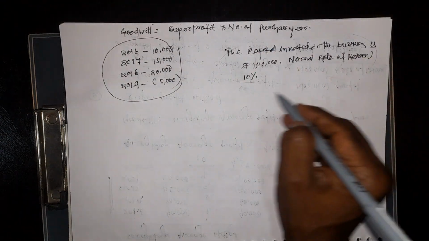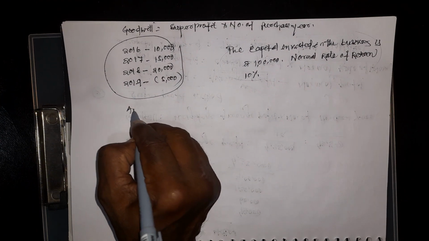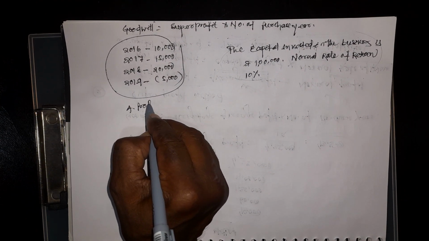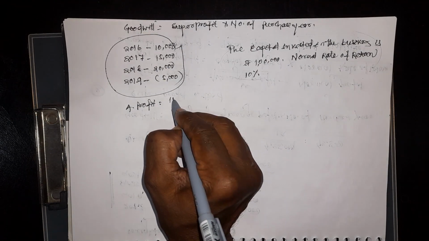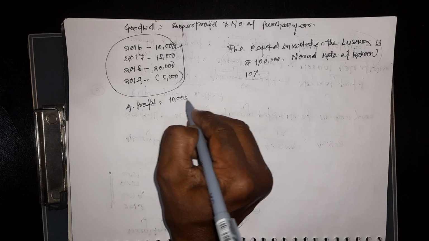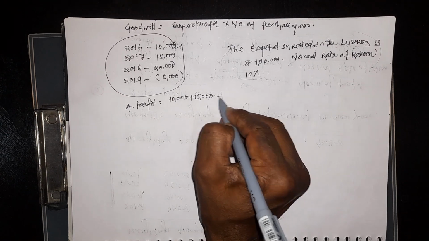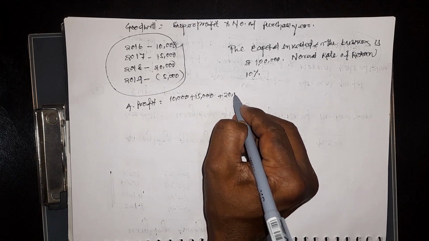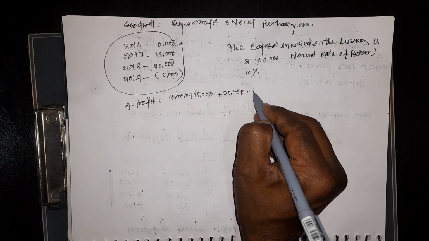So what will be the average profit here? How will we calculate it? We have to add: 10,000 plus 15,000 plus 20,000. Here there is a loss, so we have to minus 5,000.